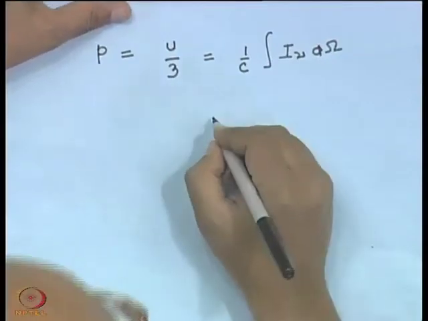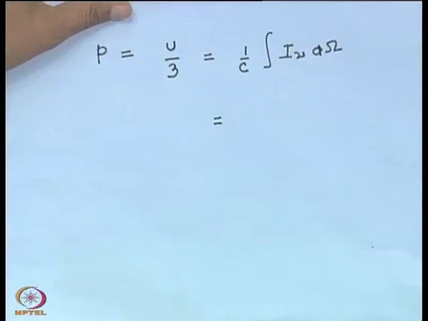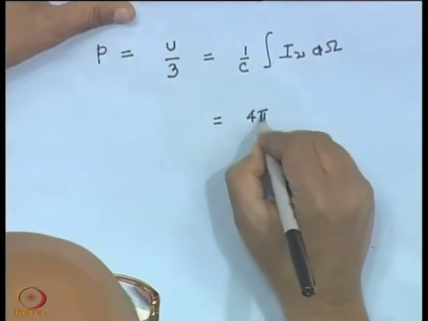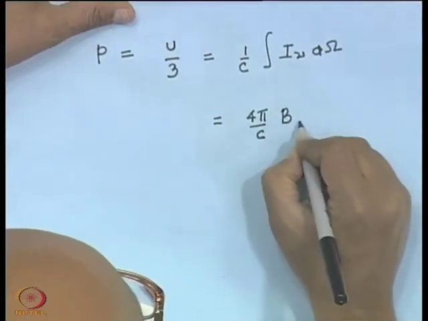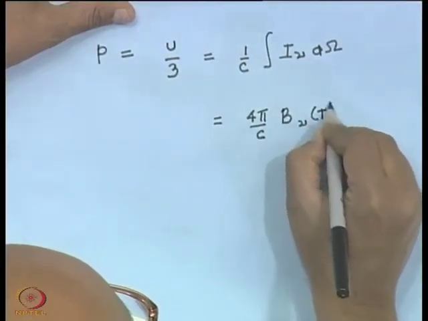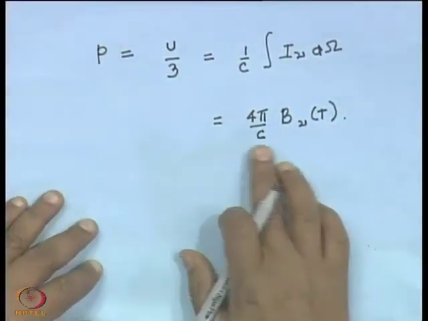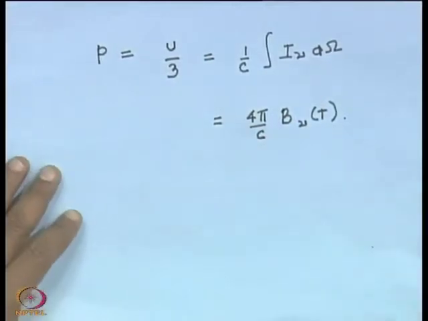Since the black body radiation is isotropic, this is equal to 4 pi by c into B nu of T. For black body radiation the specific intensity is the Planck function. So, we have this relation.